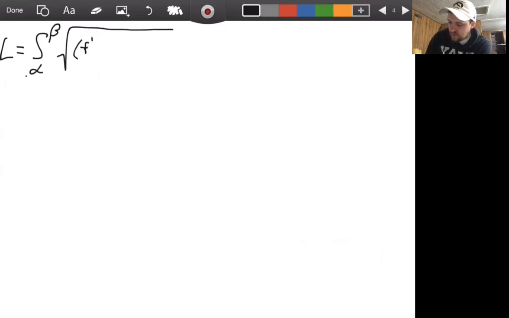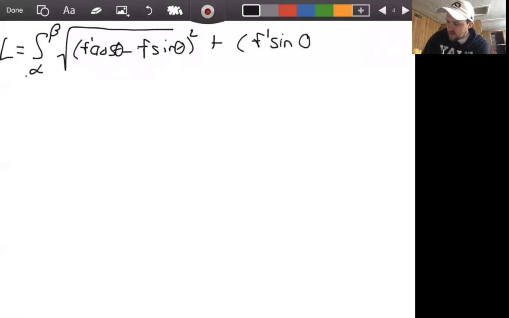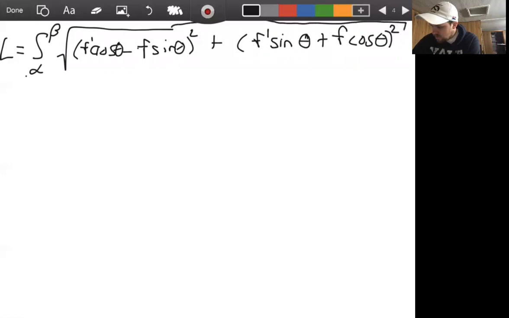We add f prime cosine theta minus f sine theta squared plus f prime sine theta plus f cosine theta squared. All of that under the square root d theta, right?